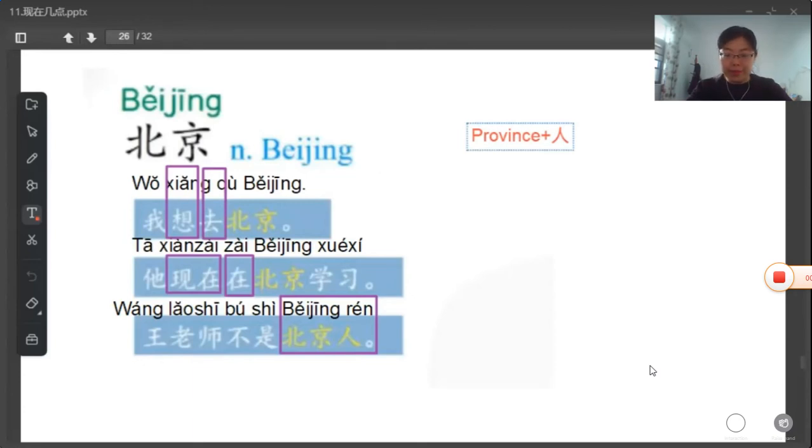Another famous place in Henan is Shaolin town, where martial arts started, the origin of martial arts. Shaolin Temple. Yes, Shaolin Temple is very famous.